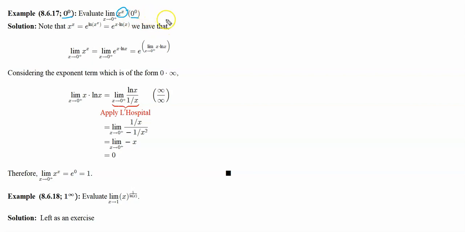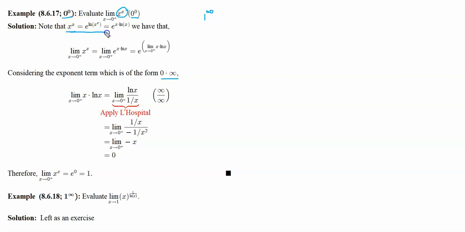In a manner similar to the previous examples of the form 1 to the infinity power, we're going to use exponentials and logarithms to manipulate this limit and show that we get an indeterminate form of the form 0 times infinity. Then we'll be able to evaluate that limit by rewriting it either as 0 over 0 or infinity over infinity.